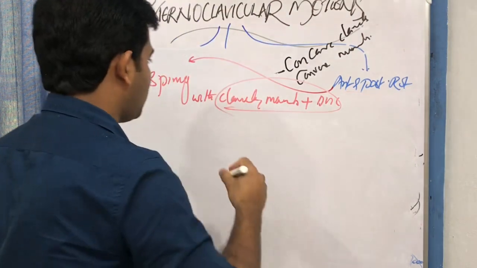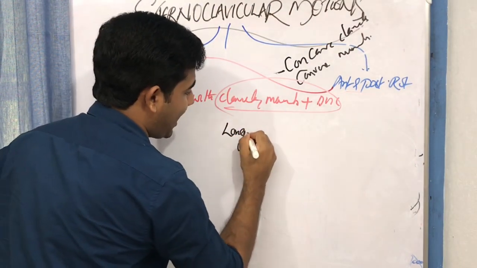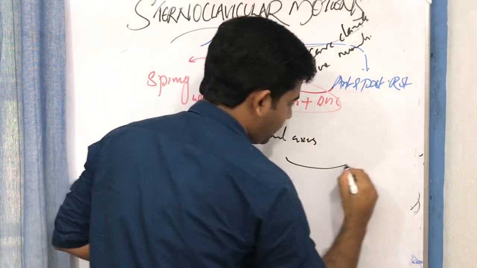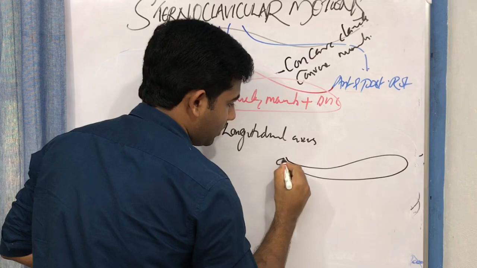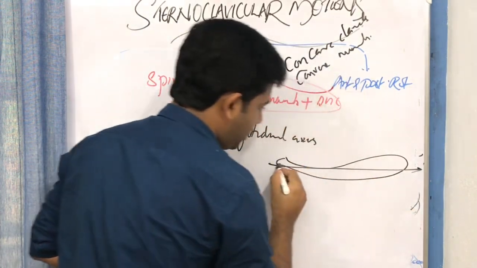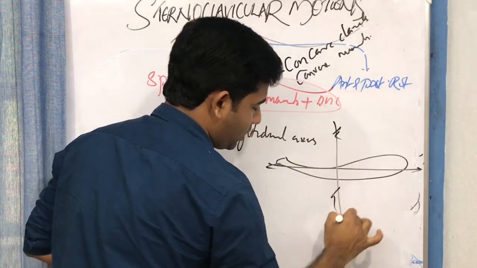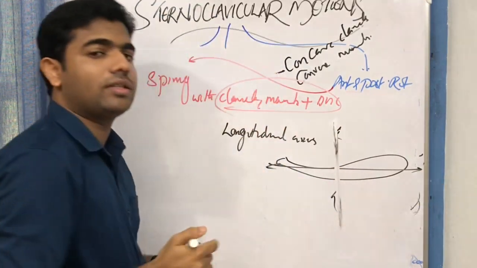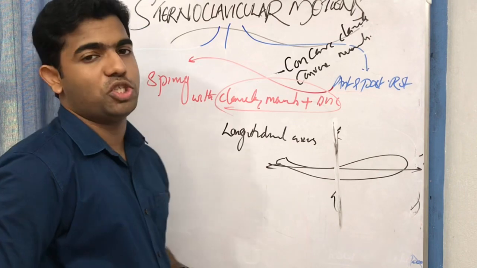The axis of this rotation, as I told you, is the longitudinal axis of the clavicle. It is not this movement; this is not the longitudinal axis. The longitudinal axis passes through the bone. The clavicle is a horizontal bone, so that will be the longitudinal axis.